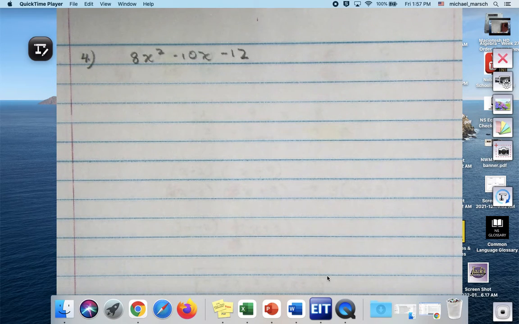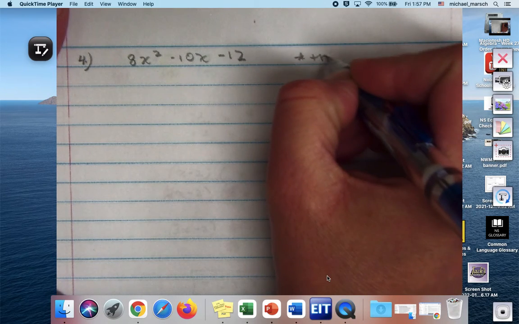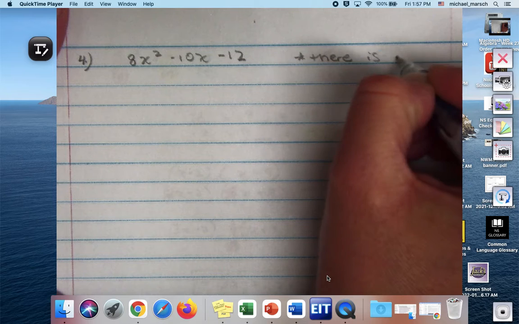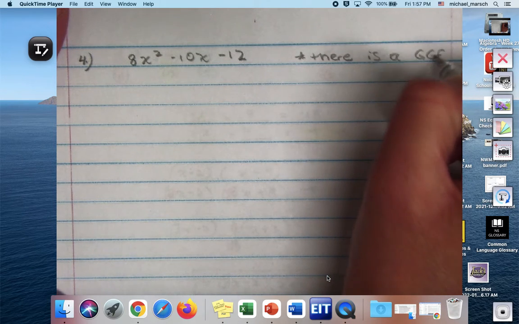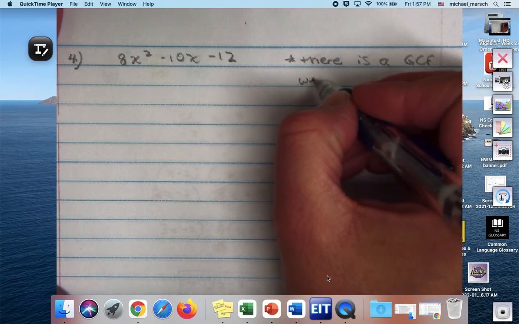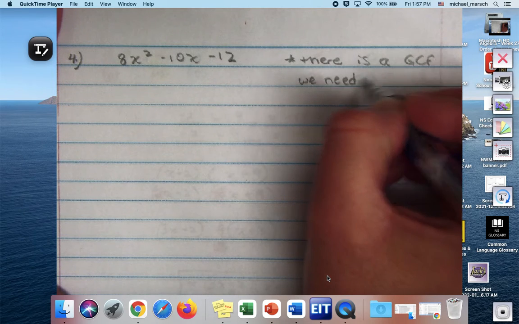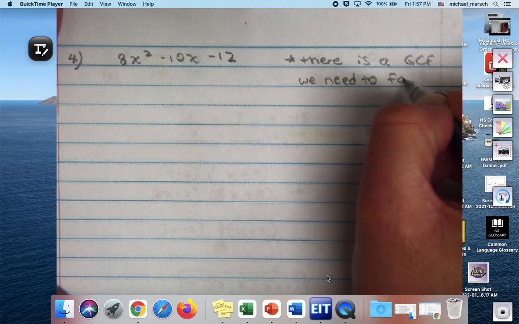Okay, so this polynomial is slightly different because there is a greatest common factor we need to factor out first.